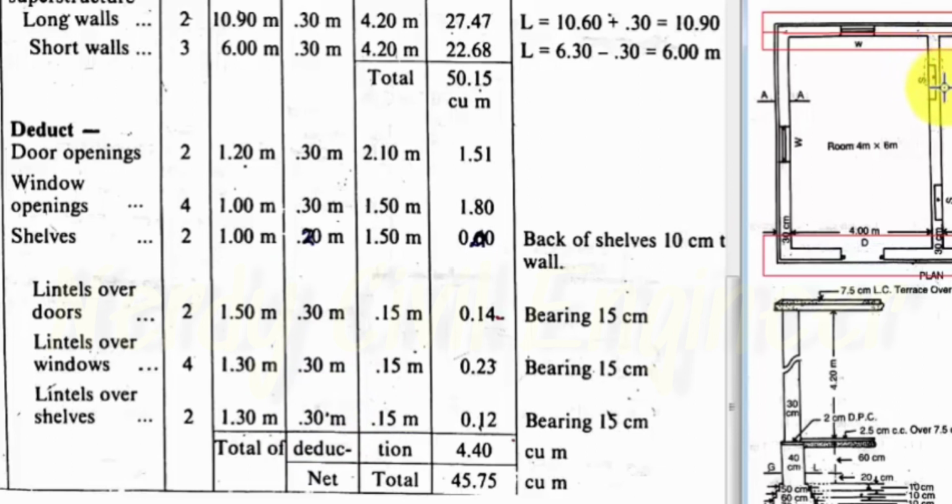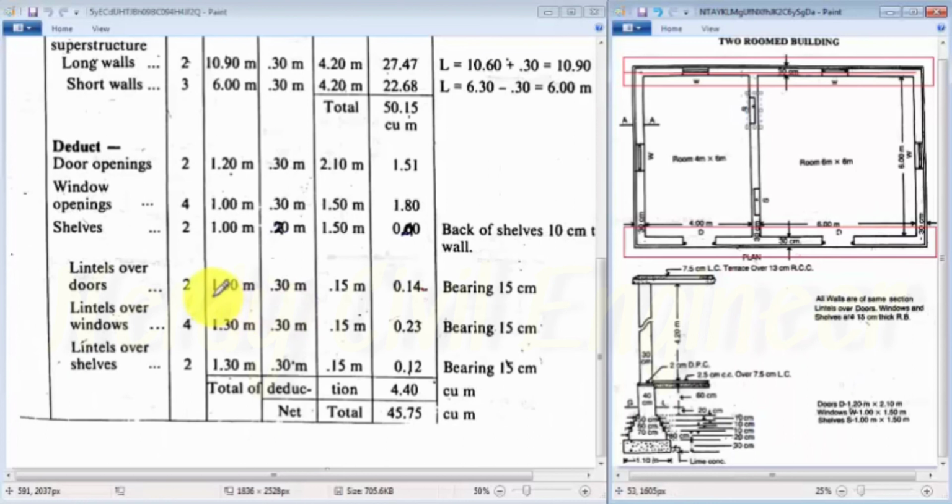We already know the thickness, that is 15 centimeter. So in the height section we will put 0.15 meter as it is already mentioned in the question. Now multiplying everything, we will get the quantity.